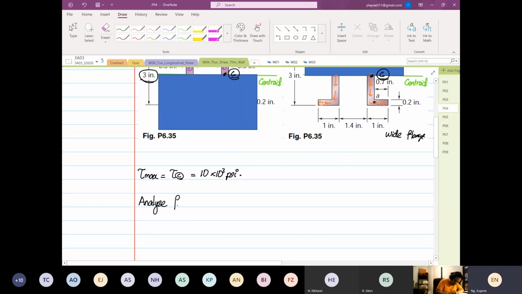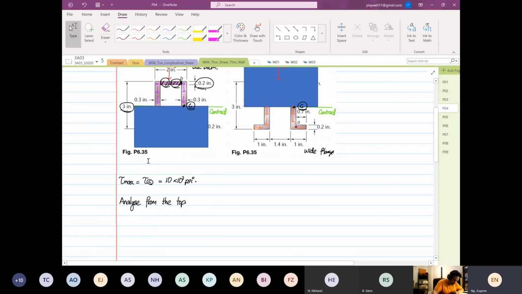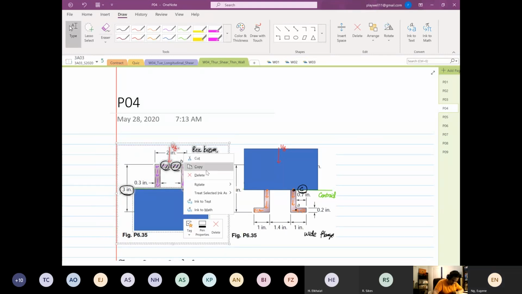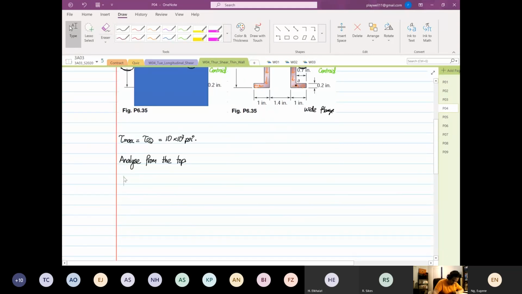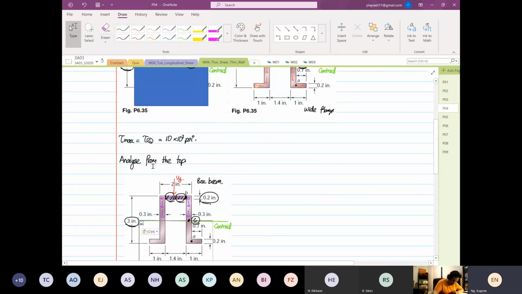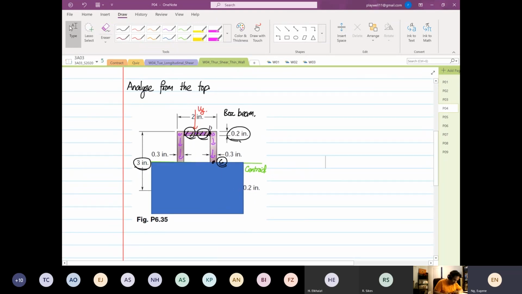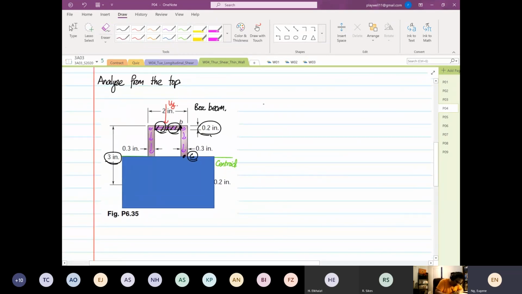Okay, we're going to analyze from the top. So I'm going to copy this view and paste it here. Right? So this is from the top.